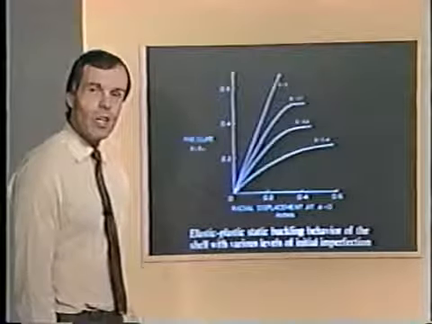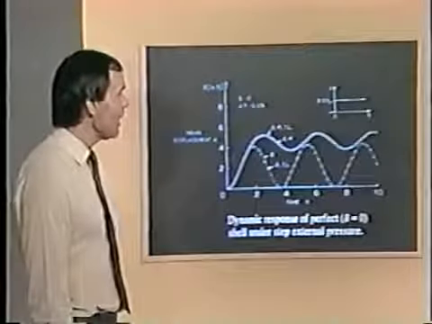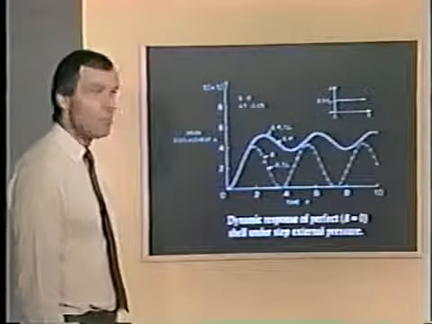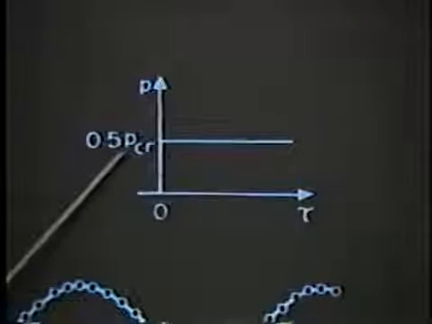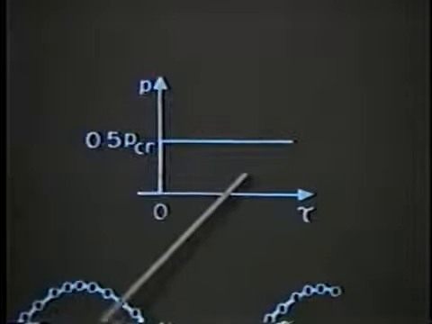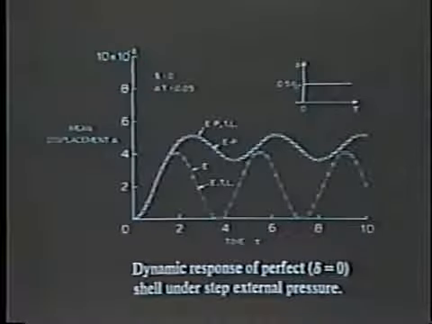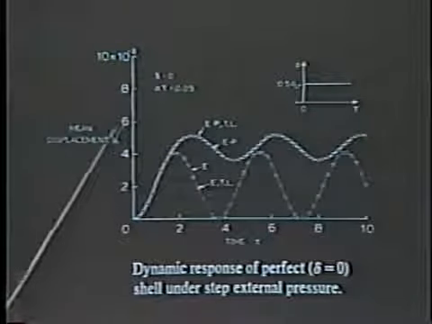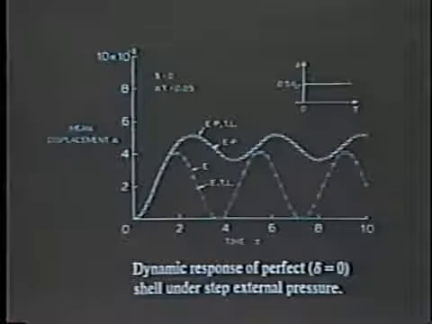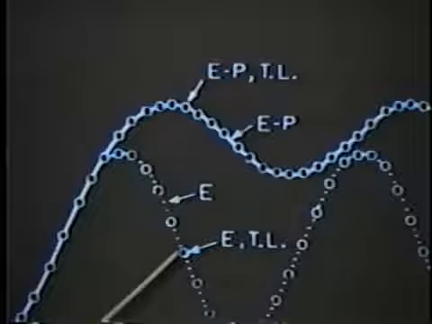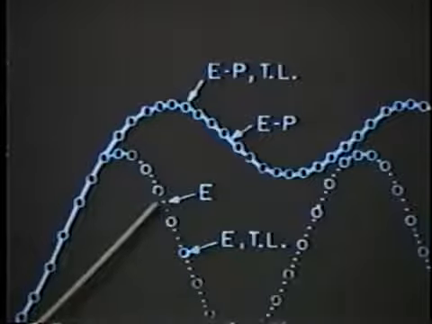The next slide now shows the results obtained using a dynamic analysis. At this time, we apply the pressure instantaneously as a step load, constant in time. Notice we are plotting here now a mean displacement delta of the shell and time along this axis. The ETL solution results are very close to the E solution results.